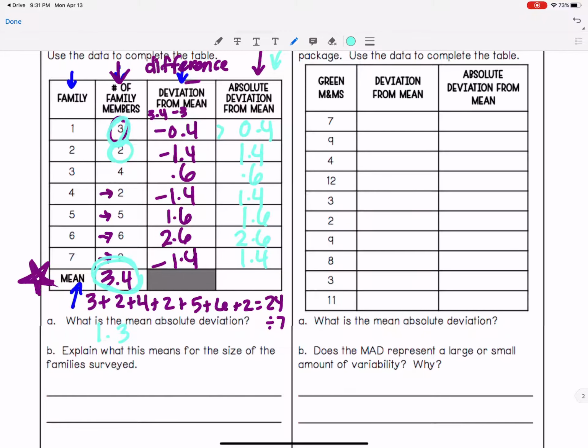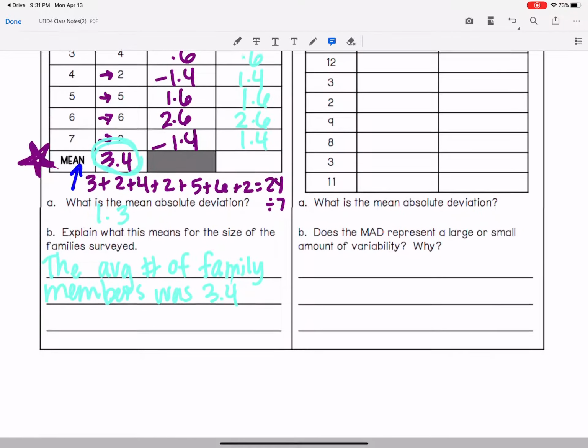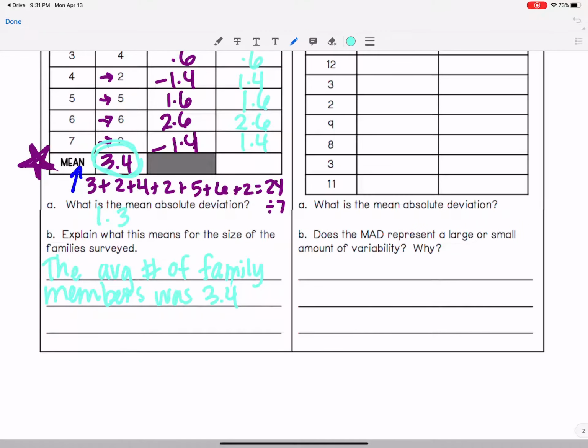All right, so for part B, explain what this means for the size of the families surveyed. Well, this means that the average number of family members was 3.4. So I'm going to put was 3.4. Now I got to scroll down just a little bit. But this also means that most family members deviated from that by 1.3.